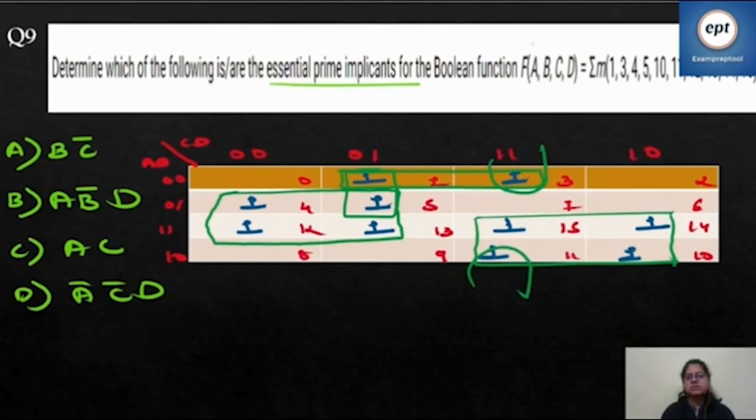So this is the maximum grouping we have done. Now let's go for the prime implicants. If you can see this, this is one group. Here all the grouping is done.